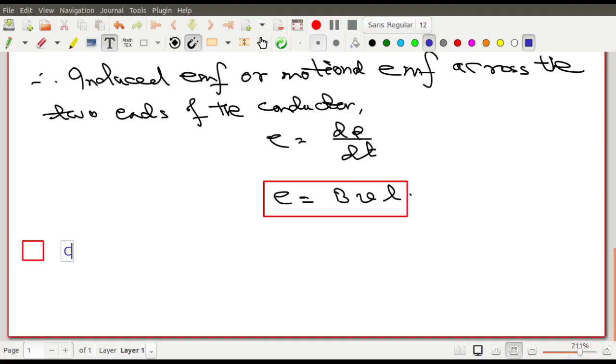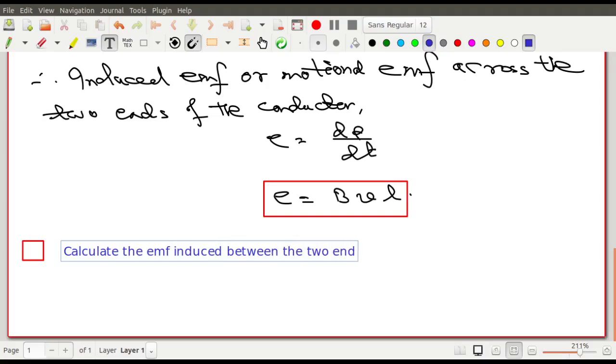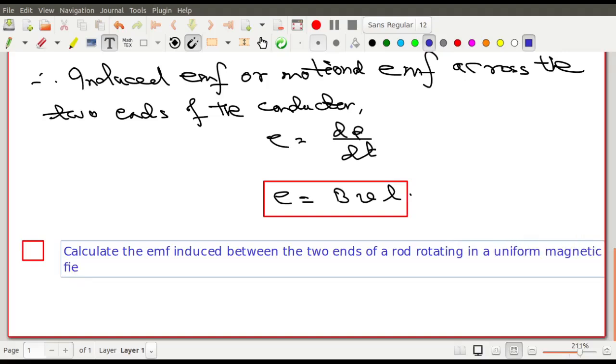Calculate the EMF induced between the two ends of a rod rotating in a uniform magnetic field perpendicular to its plane.